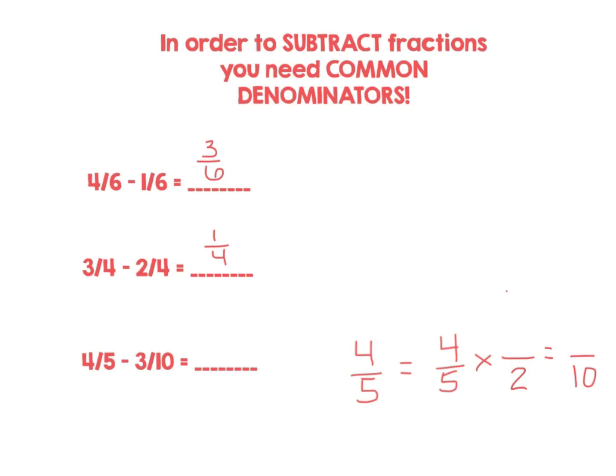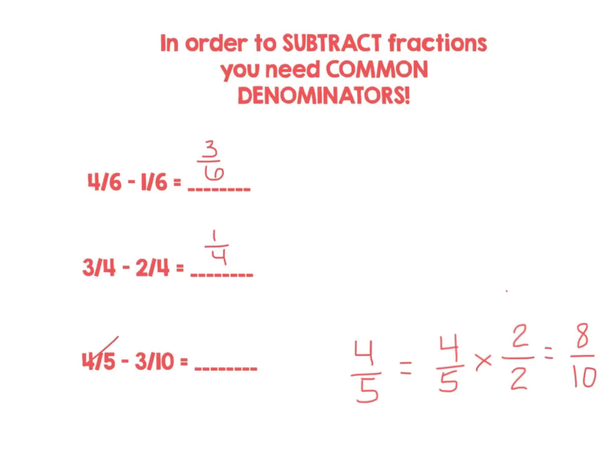When I'm multiplying to find an equivalent fraction, whatever I do on the bottom, I need to do on the top. So I'm going to say, 4 times 2 is 8. That means that 4/5 is the same as 8/10. And now I can subtract because I have common denominators.